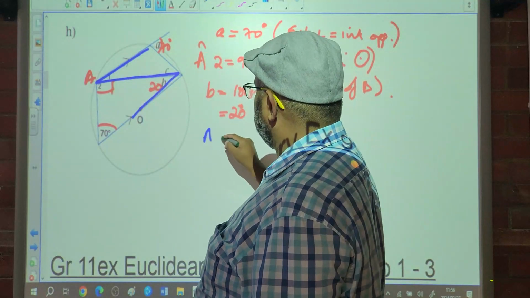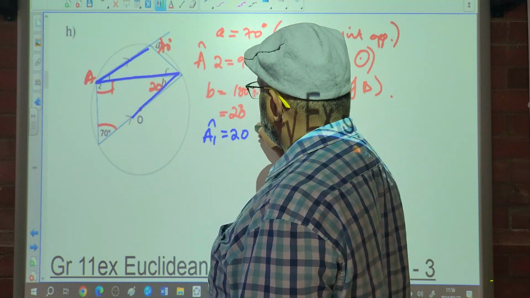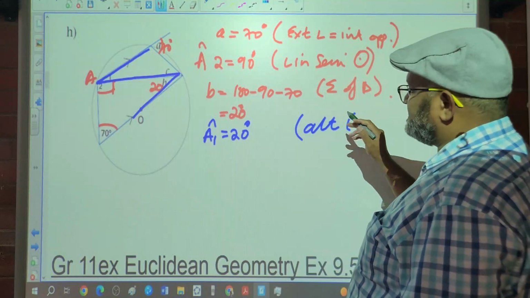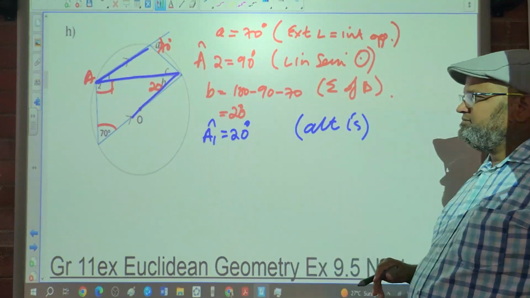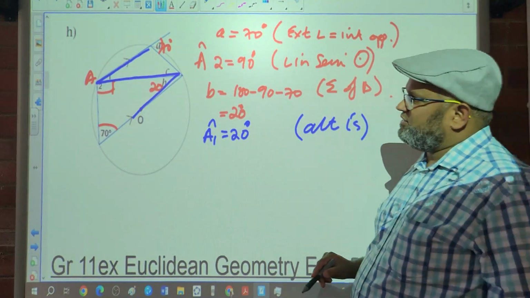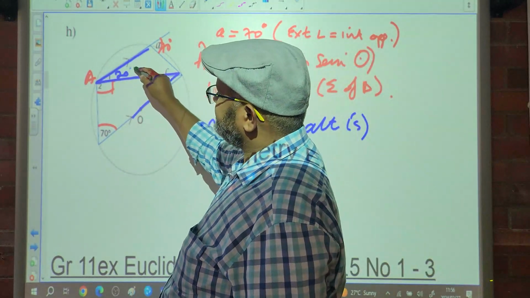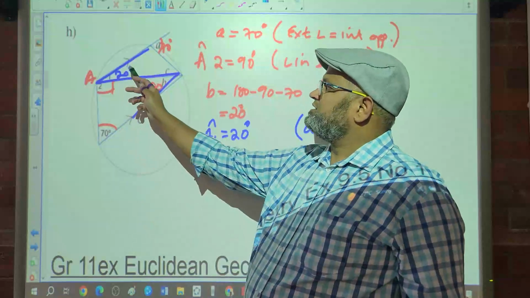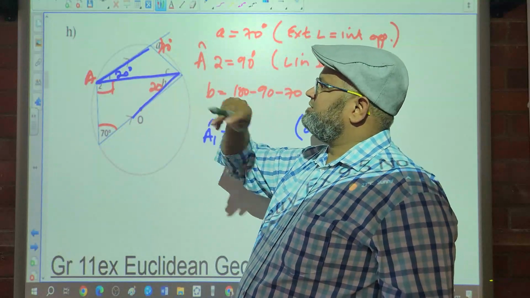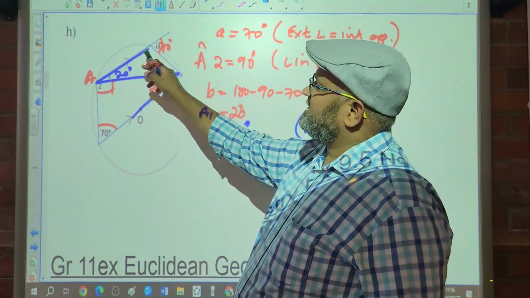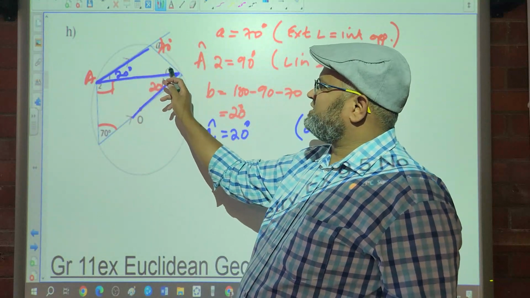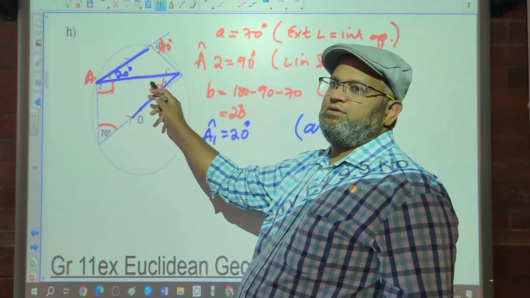So A1 is 20 degrees. Why? Alternate angles. And again, there's no labeling there. So alternate angles. Now what? Sum of triangles. We don't have this angle. Exterior angle. No? Or we could have said 20 plus 90 plus 20 plus C adds up to 180.